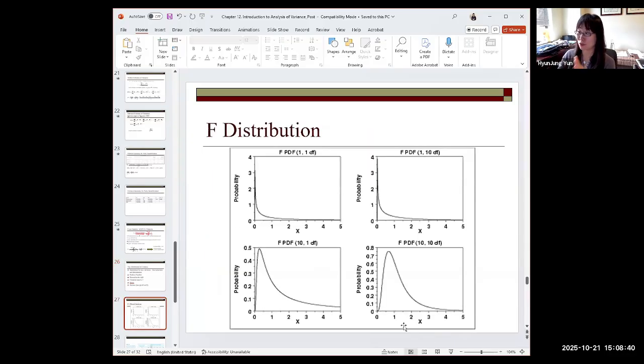The F distribution is all positive. If the sample size is very small, it's just a sort of declining curve, but it's all positive values still.